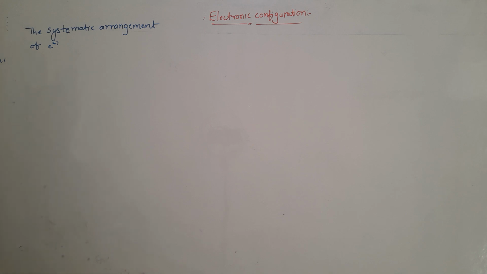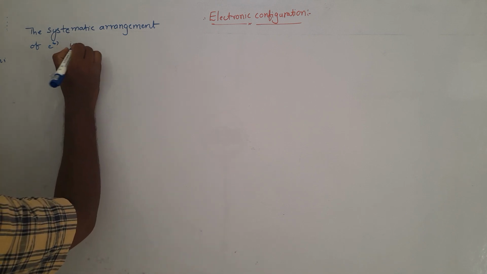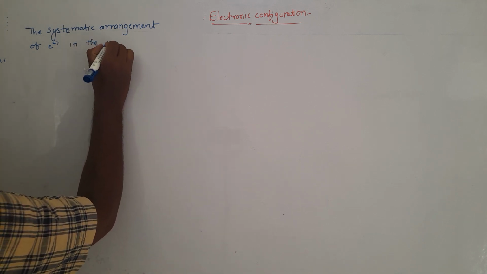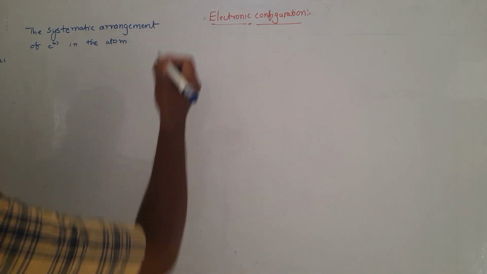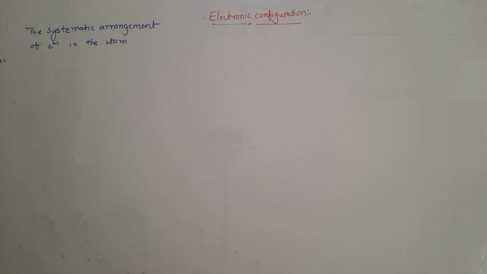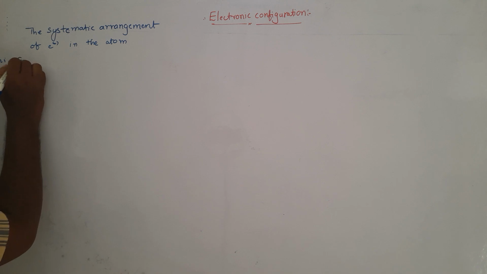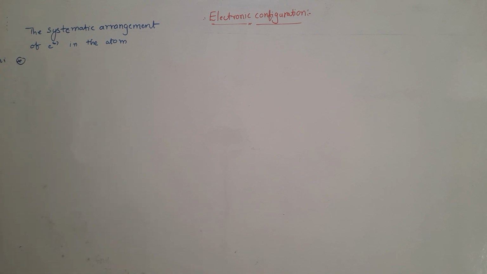The systematic arrangement of electrons in the atom is called what? Electronic configuration. So here we use two methods to write the electronic configuration, that is orbital method and NLX method.